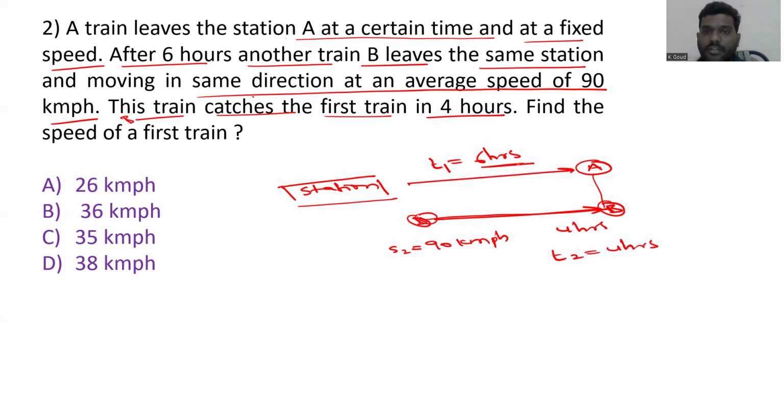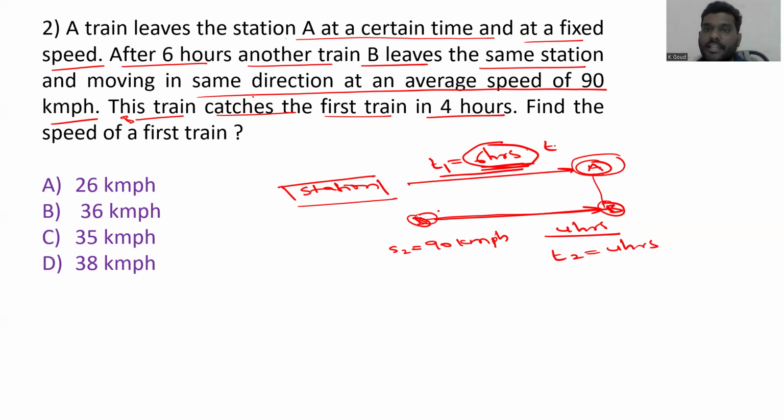For the first 6 hours, train A traveled alone, and for 4 hours both trains traveled together. Train A is not stopped anywhere. After 6 hours train B started. So train A traveled for the first 6 hours and traveled with train B for another 4 hours.